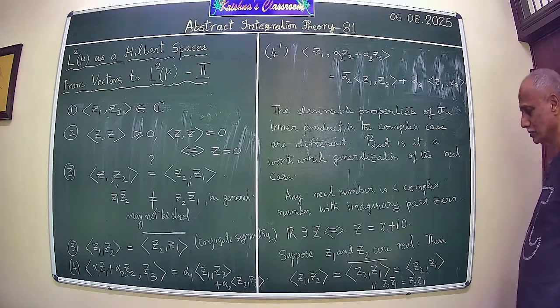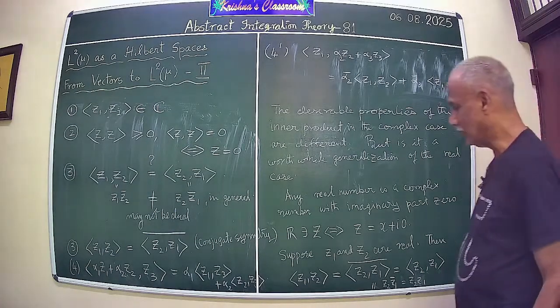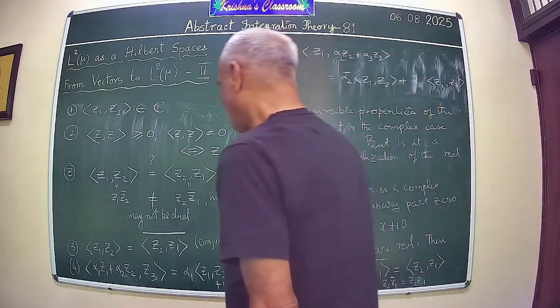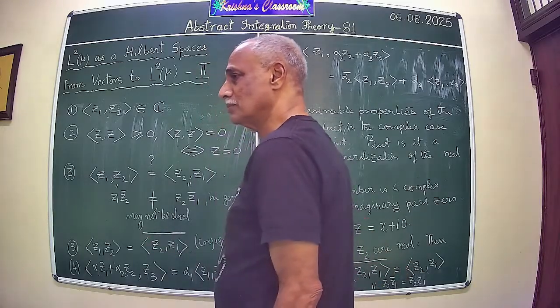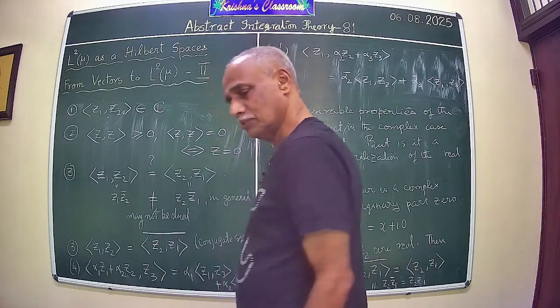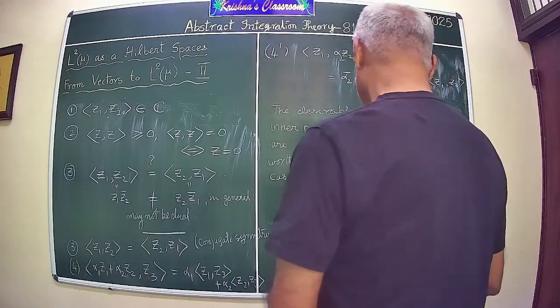Okay. Therefore, you see that when Z1 and Z2 are real, this is derivable from the new generalized form. That's interesting.